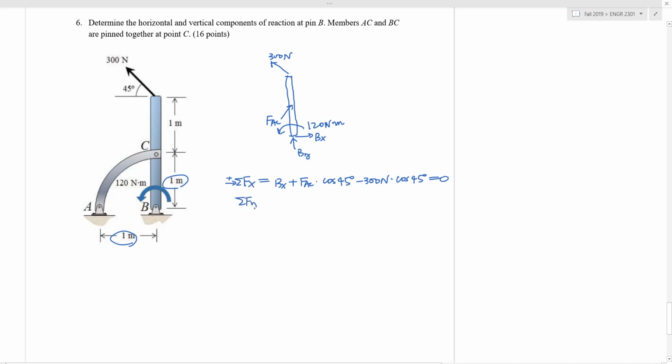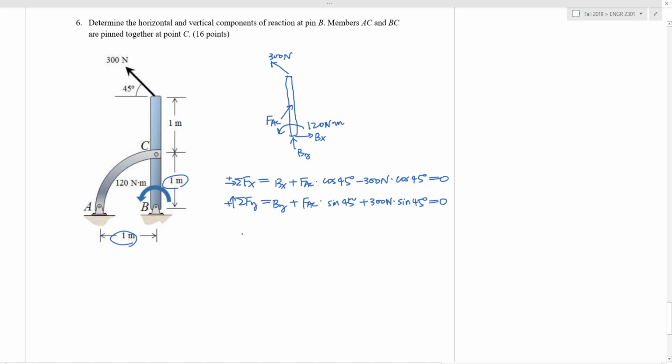Resultant force along the y direction equals BY, plus FAC with the sine 45 degree component, which is the same as cosine 45, plus the 300 Newton, because the vertical component is going up, sine 45 degree.